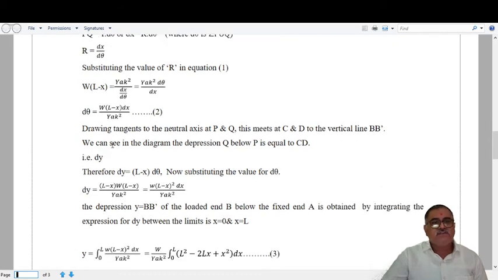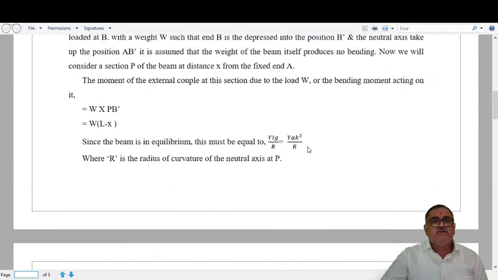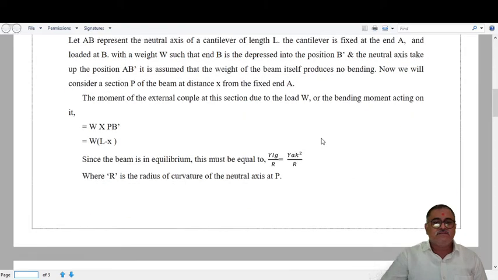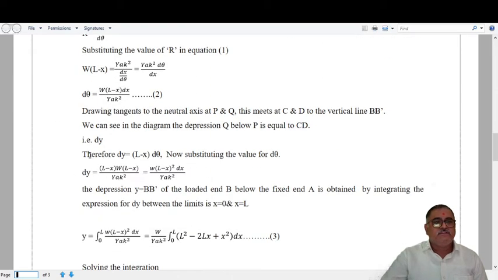These things we can see in the diagram, and the depression of Q below P is equal to CD, and that CD means, here you can see, this much depression, a very small depression, that is nothing but dy. And therefore dy equals (L minus x) into d theta.